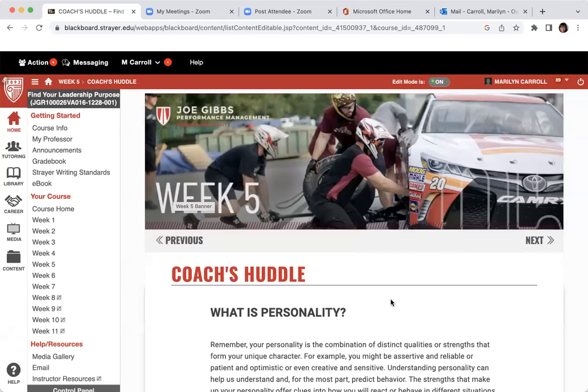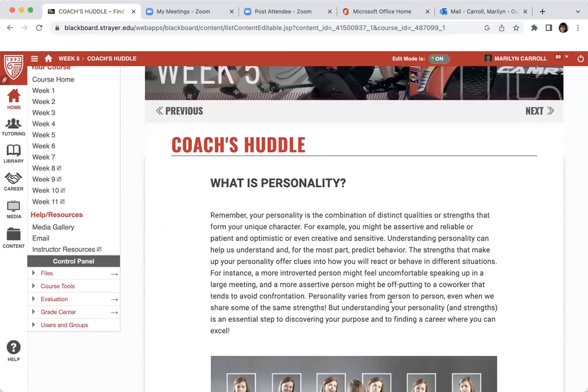So the Coaches Huddle this week says, what is personality? And it starts going through. Remember, your personality is the combination of distinct qualities or strengths that form your unique character. For example, you may be assertive or reliable or patient and optimistic, or even creative and sensitive. Understanding personality can help us understand and, for the most part, predict behavior. The strengths that make up your personality offer clues into how you will react or behave in different situations.